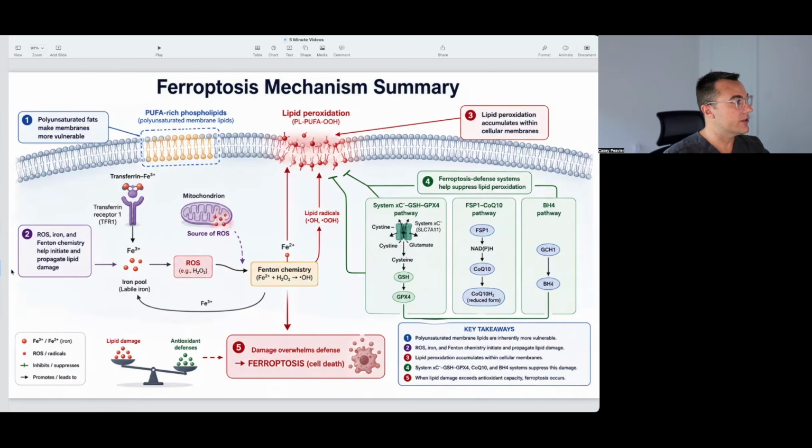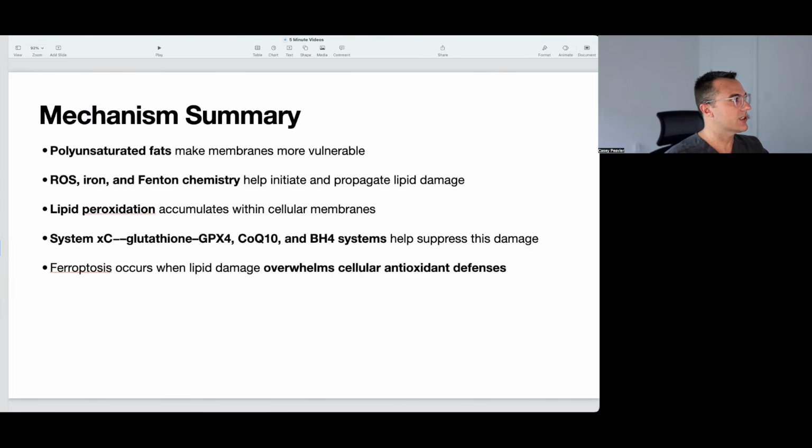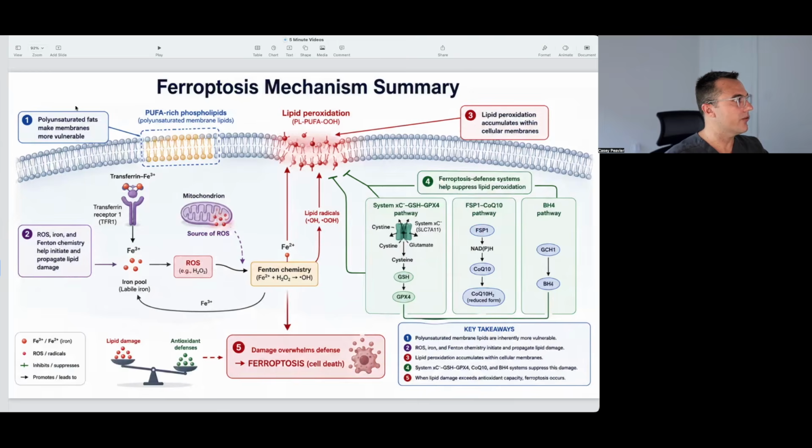And so I had ChatGPT draft this graphic here, basically based off of this five-part summary, right? We have polyunsaturated fats, which are vulnerable to oxidative stress. We have ROS, iron, and the Fenton reaction that are happening with the labile iron pool and mitochondrial ROS that lead to more unstable radicals, which damage these lipids in membranes, which is called lipid peroxidation.